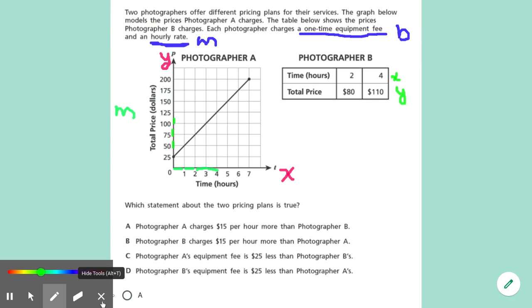So what you first have to do is get the slope formula so you can find the slope, right? To find the slope, you use y2 minus y1 divided by x2 minus x1. That's what you would have to do to find the slope.